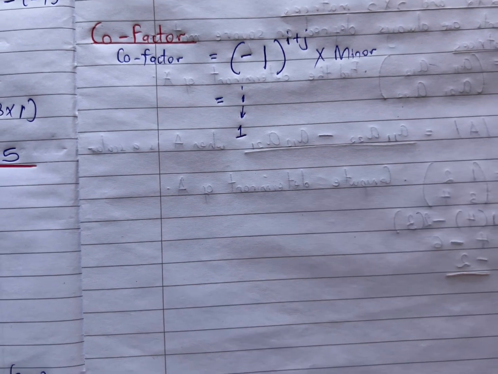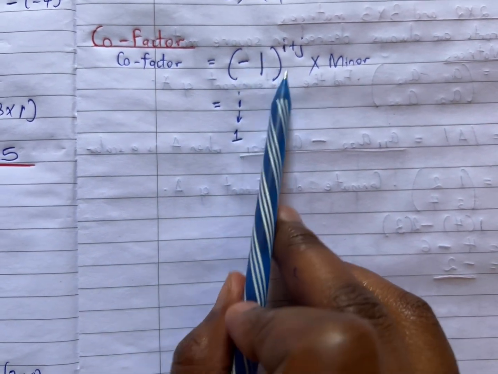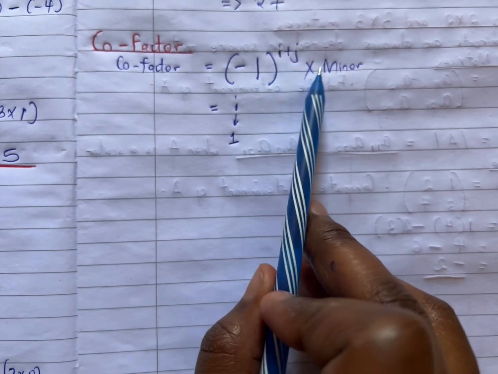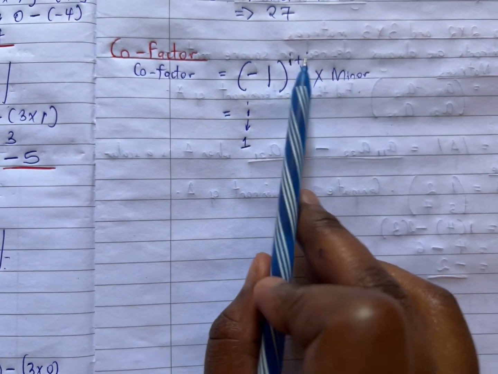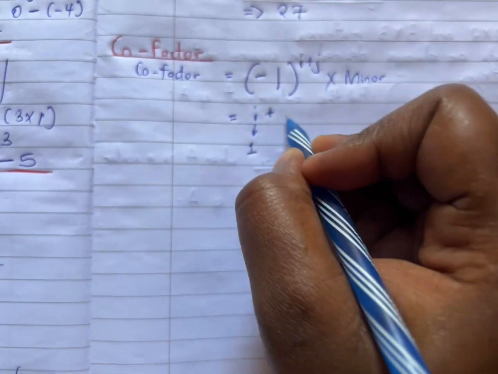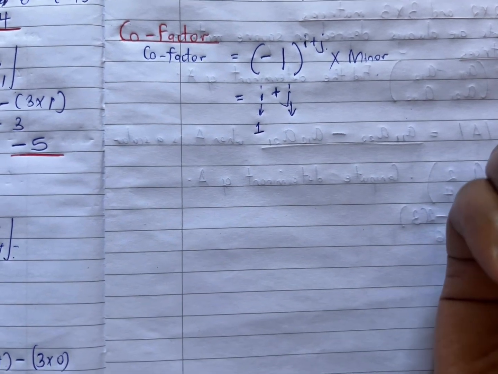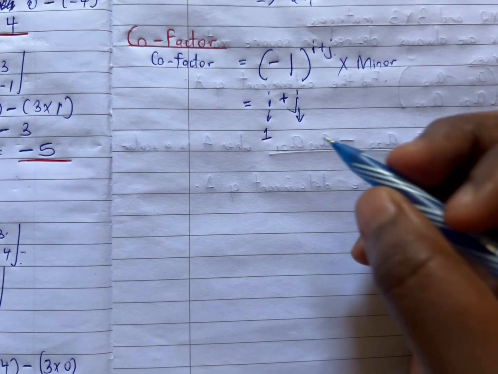So cofactor, we can work it out like this. The formula is negative 1 in brackets, power i plus j, times the minor. So j is always increasing by 1. Don't worry, I'm going to show each step.